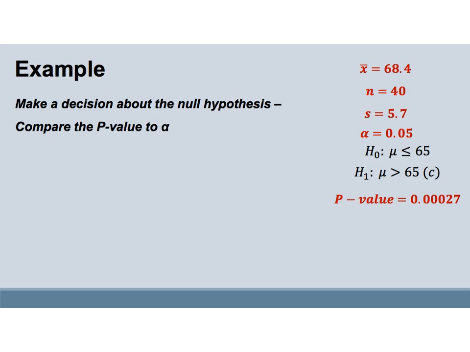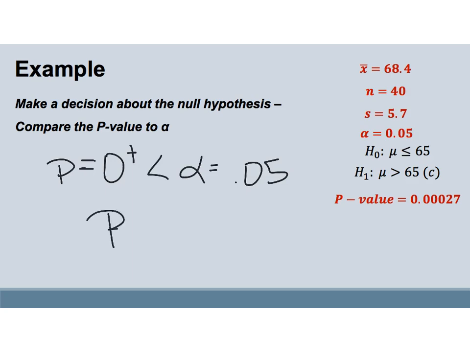Alright, so now I want to compare that little p-value to alpha. So p, I'm just going to go ahead and call it 0 plus. And alpha is 0.05. Well, 0 plus is less than 0.05. So again, I'm going to reject the null.